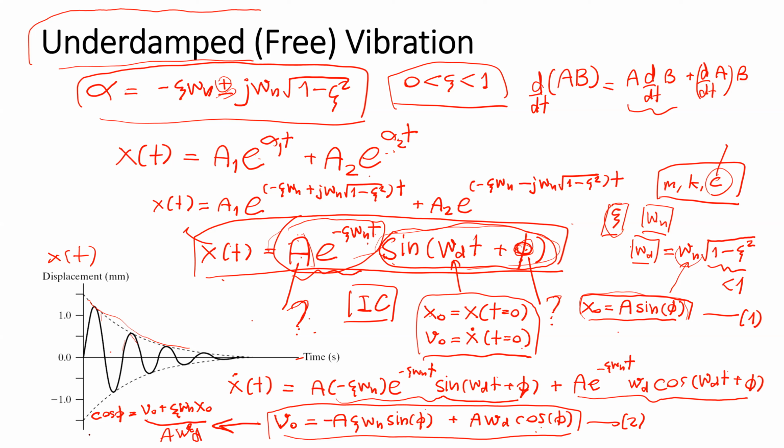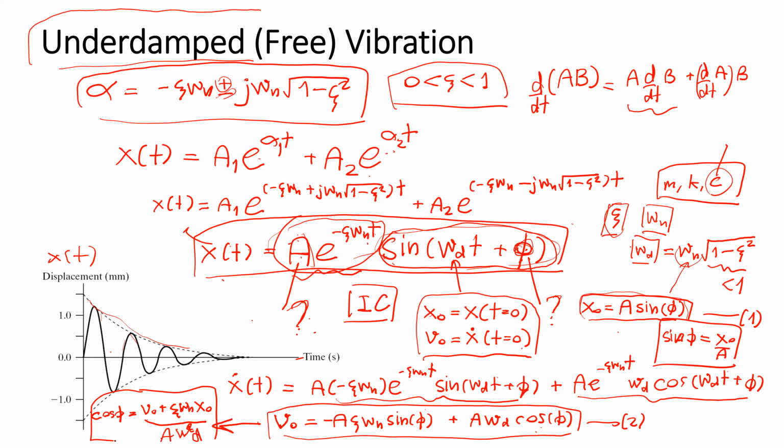This is the cosine of the phi angle. The sine of the phi angle is equal to x0 divided by A. So now we have sine and cosine of the phi angle.